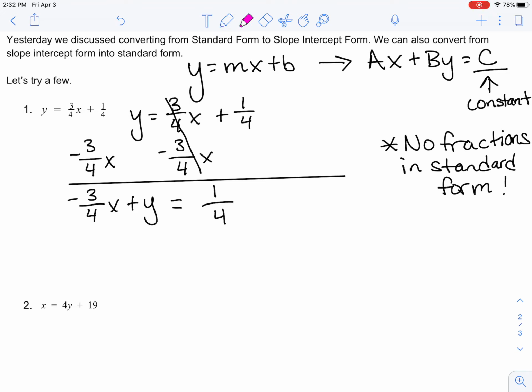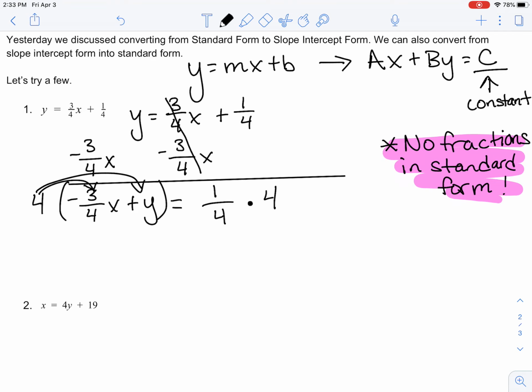I'm going to highlight that. You need to know that. So to get rid of that fraction, we have to undo division because 1/4 is like 1 divided by 4. So to get rid of the 4, we're going to multiply both sides of the equation by 4. Notice on the left-hand side, I put that negative 3/4 x plus y all in parentheses so that I'll remember to distribute the 4 to both parts.